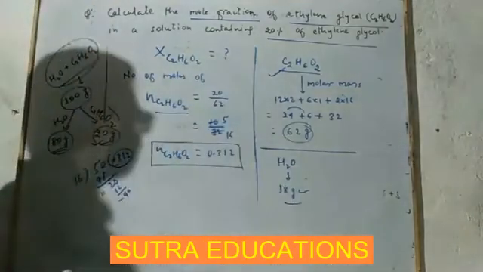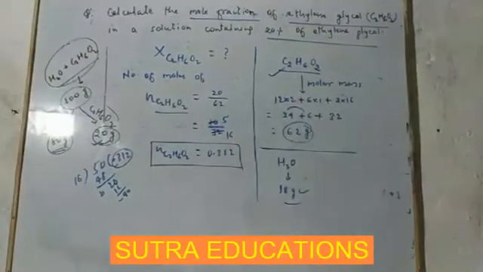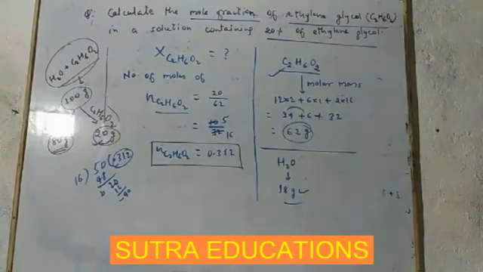Okay, now we have to calculate number of moles of water. So number of mole of water will be mass of water upon molecular mass of water.